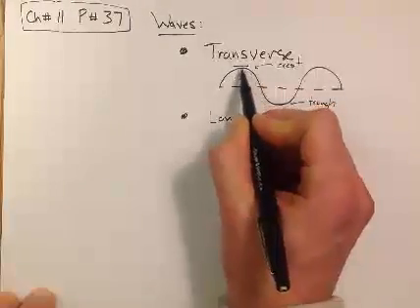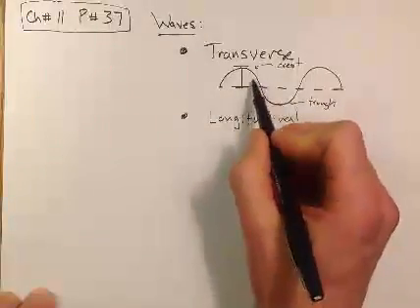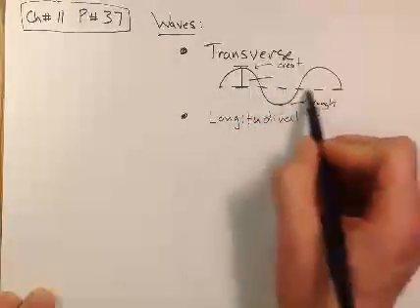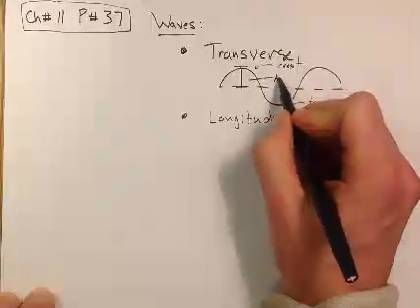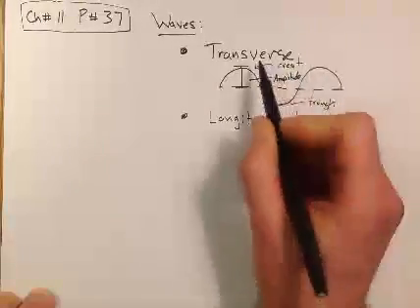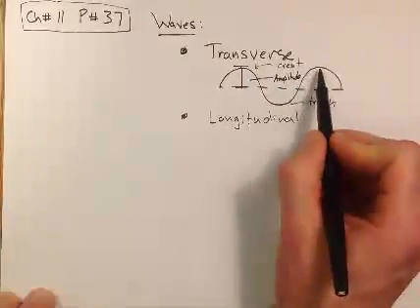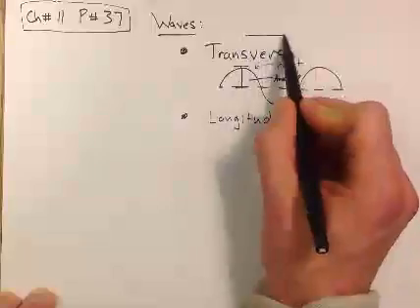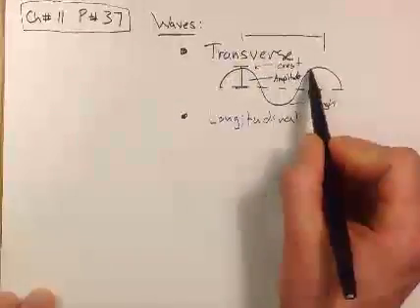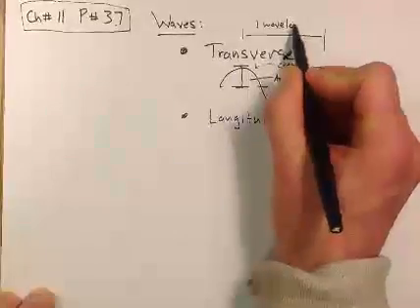And this distance from the top of the wave to the equilibrium position, or the flat water line, is called one amplitude. Of course, the distance from the peak of one wave to the peak of the next wave is called one wavelength.